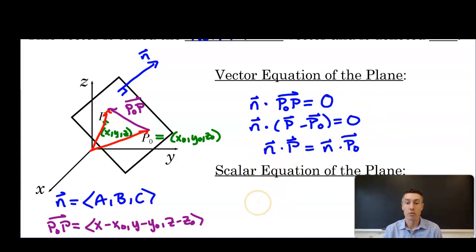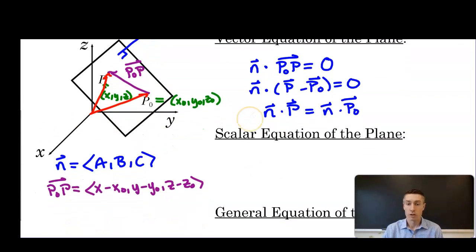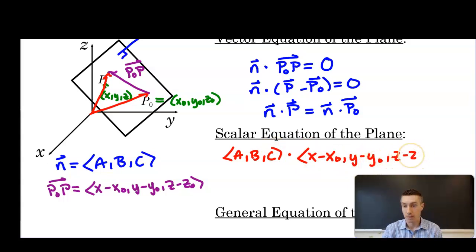So that's where the other two forms of the equation of a plane come in. For the scalar equation of the plane, if we take this first expression of n dot p naught p and replace it with these vectors that we've written underneath our diagram, so a, b, c, dotted with x minus x naught, y minus y naught, z minus z naught, that will be equal to 0.